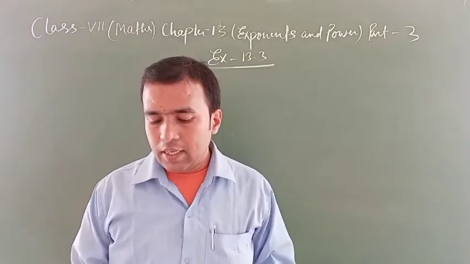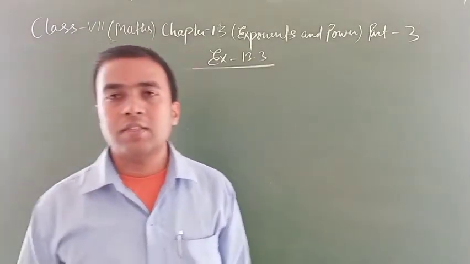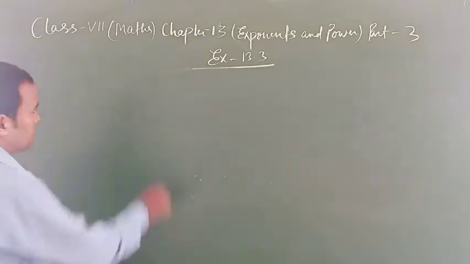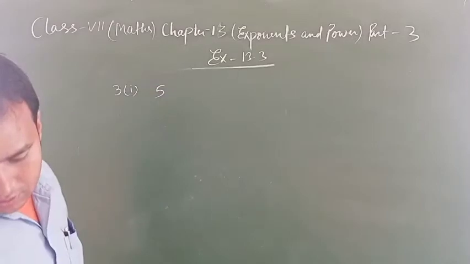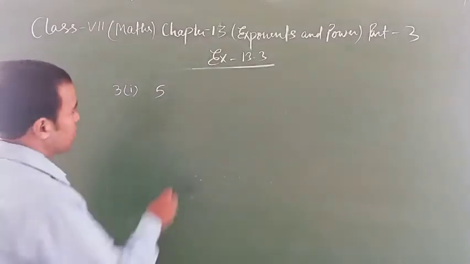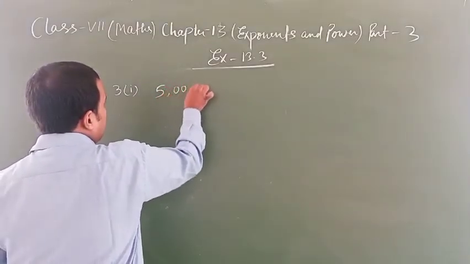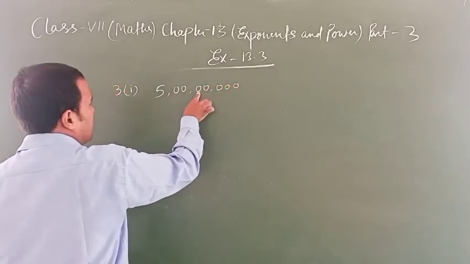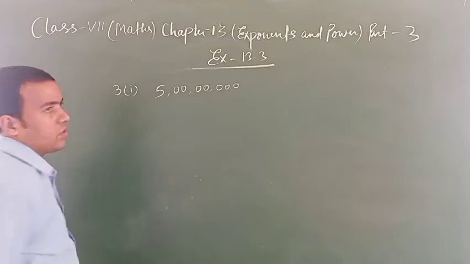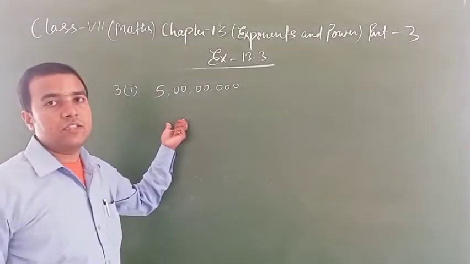Third one: express the following numbers in standard form. 5 followed by zeros: 1, 10, 100, 1000, 10,000, lakh, 10 lakh. Write in standard form.